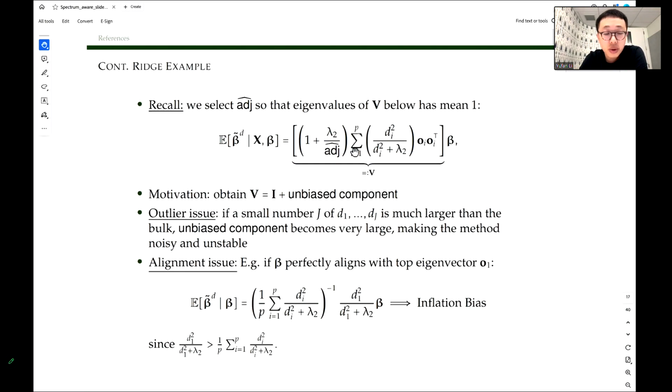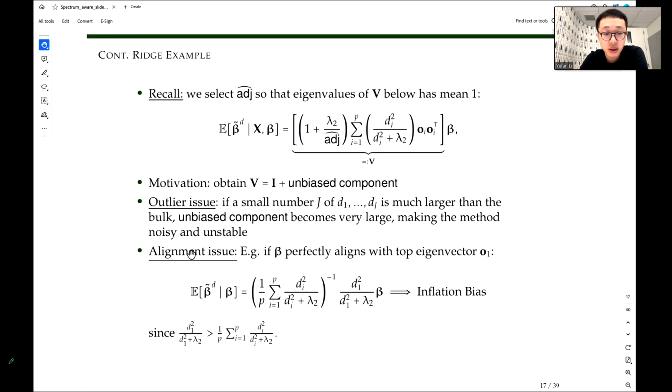And we can also see from the ridge example, where you want to center the spectrum of V to 1, that's how we chose the adjustment coefficient. But if you have some eigenvalues significantly larger than the bulk, this unbiased residual component will become very large, making the method very noisy and unstable.